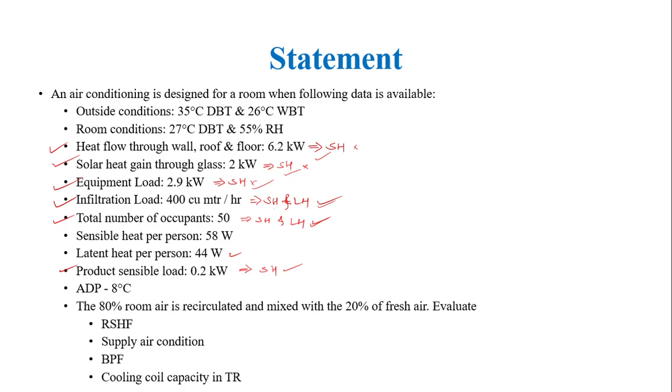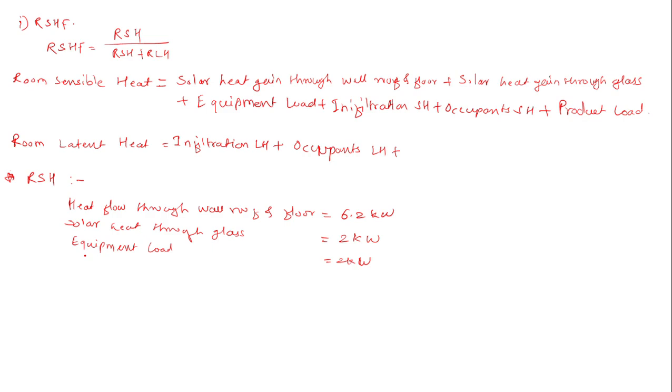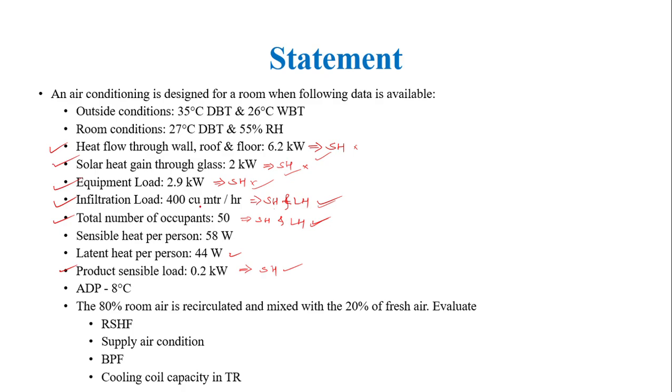Next is infiltration load. Now here if you observe carefully, for infiltration they have given 400 meter cube per hour. This is not the kilowatt value of the load, so we are supposed to find this infiltration load in terms of kilowatt. I will tell you how to do it.